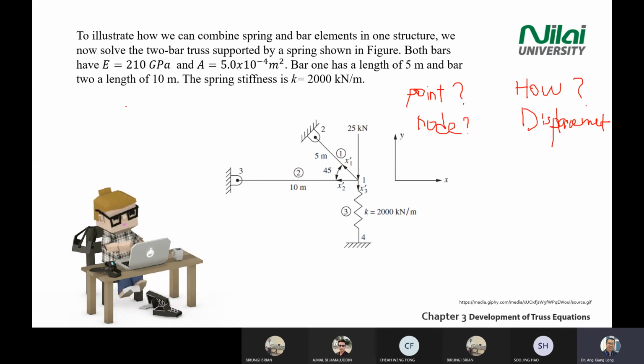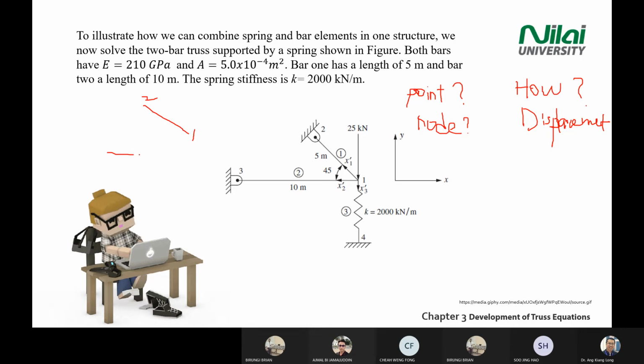Ashma, what do you think? How many points do we have on the diagram here? Yes, sir. How many points do we have in our system? 4. Okay, so how do you know 4? Element 1, you have point 1 and point 2.